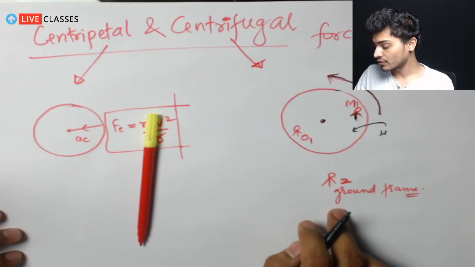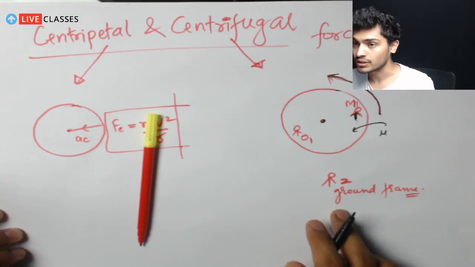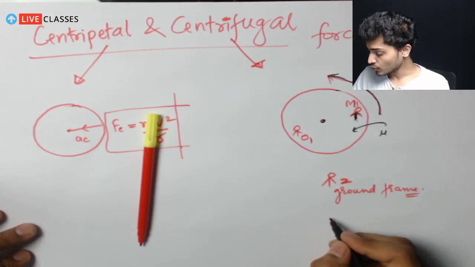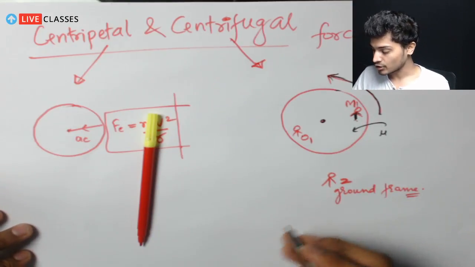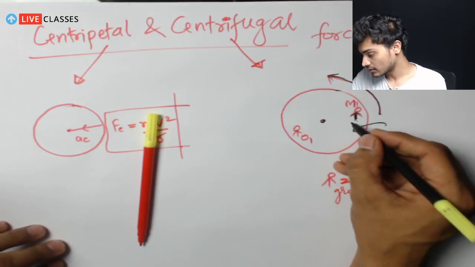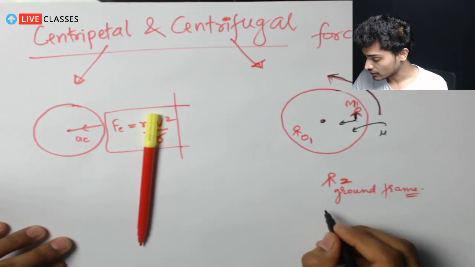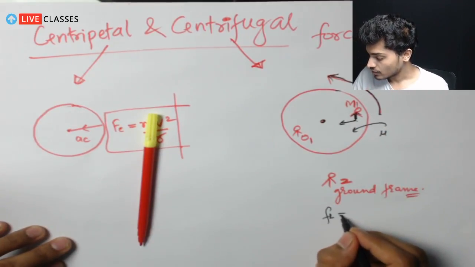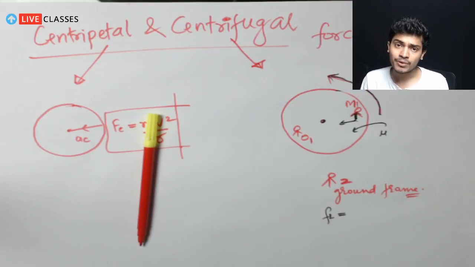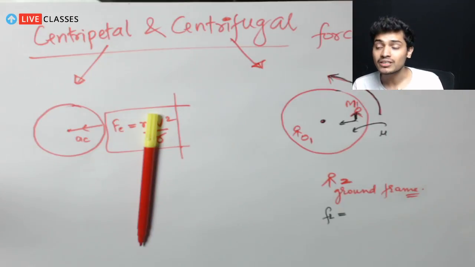So from the ground frame, we will observe that some force would be acting towards the center, and let's say here the friction is acting towards the center. What is basically the purpose of friction? Friction generally opposes the relative motion between two bodies.